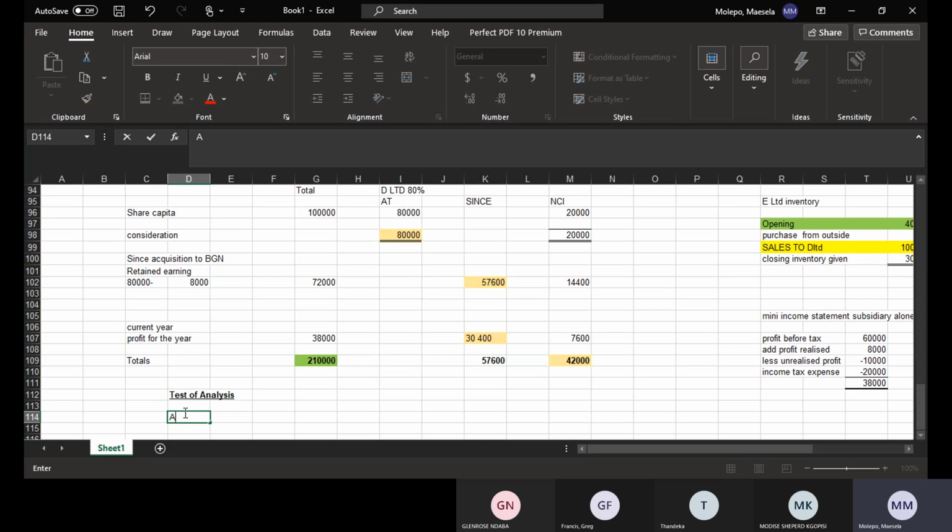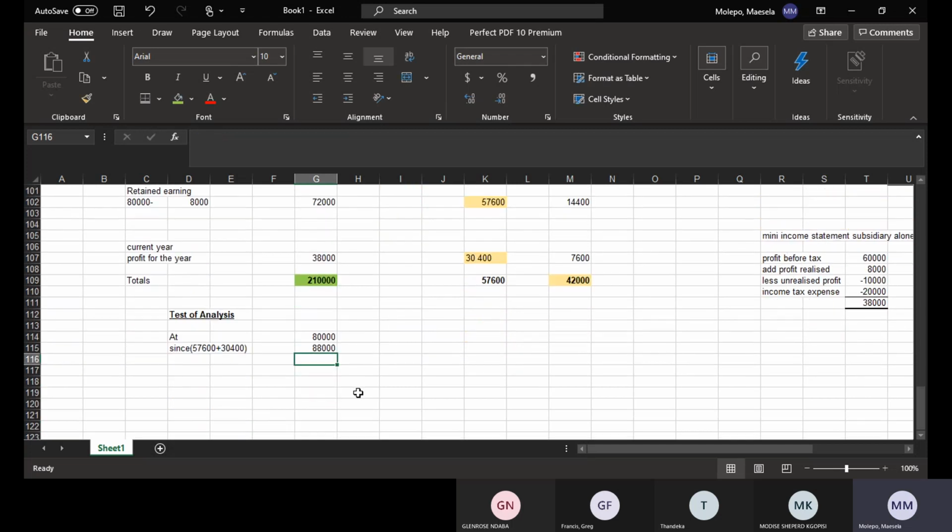So it will be the add is 80. And then you have your 57,600 plus 3,400, which equals 88.